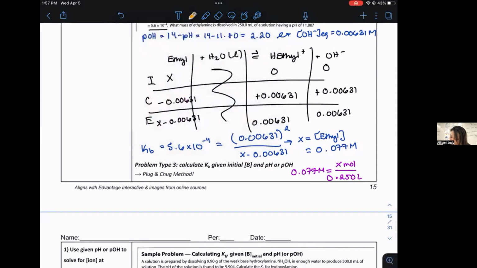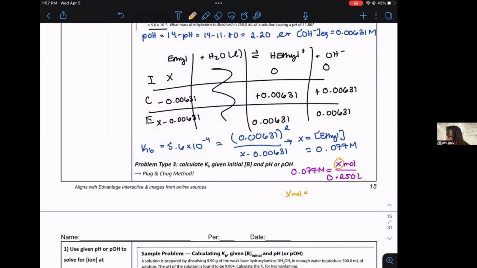And whatever that amount of moles is, then you would multiply that X value in moles times the molar mass of your ethylamine, which was 45.08 grams per mole of ethylamine. And you would have gotten a mass value of 0.87 grams of ethylamine were required for this hydrolysis to get that specific pH.